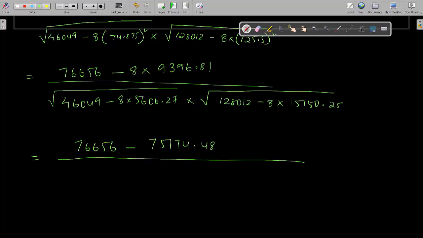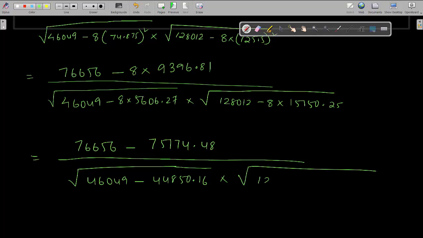You can just watch it, and then after that you can solve the answer by yourself. 46049 minus, if you multiply this, you should get 44850.16, into 128012 minus 8 into 15150.25. If you multiply this, you should get 126002. Clear?